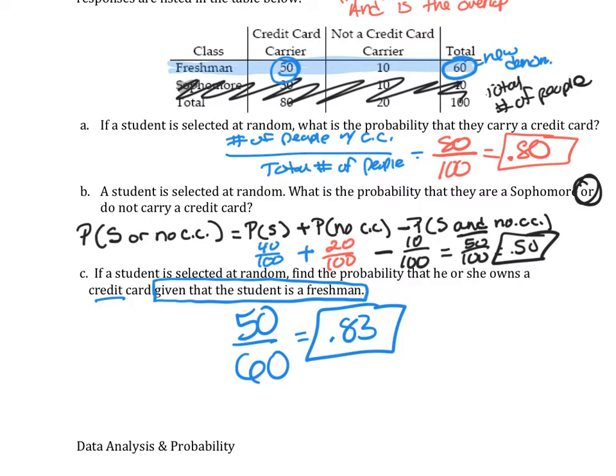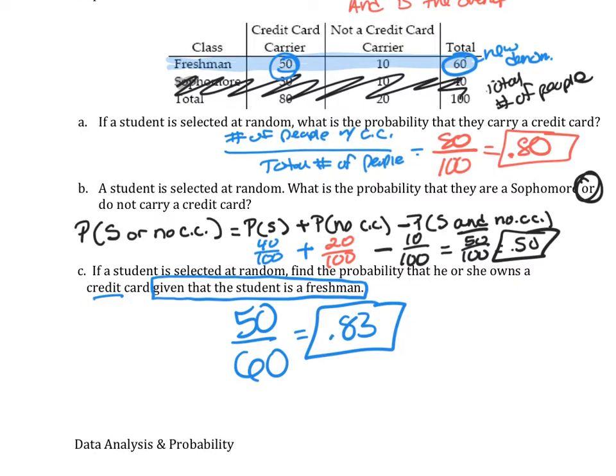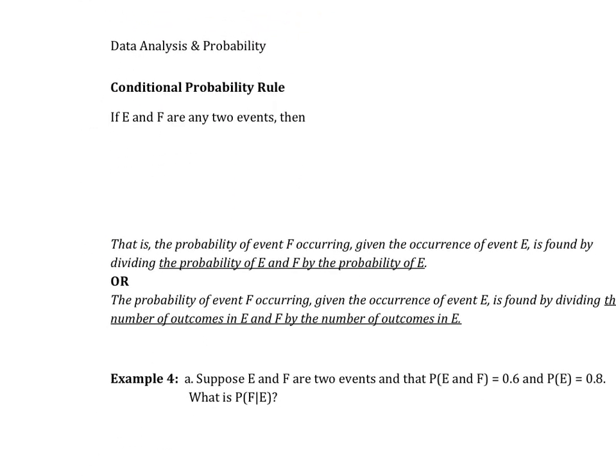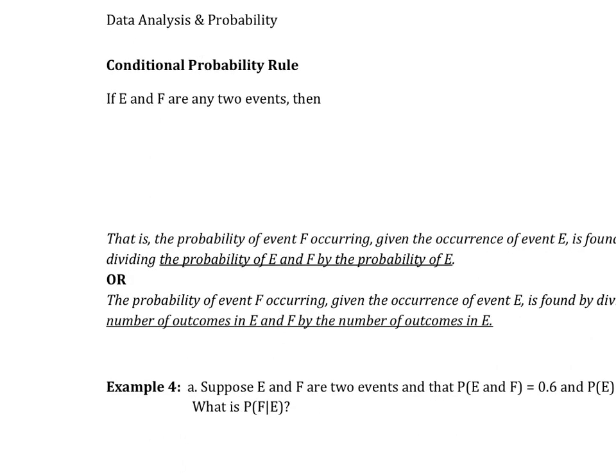All right. So the formula to calculate this conditional probability, or the conditional probability rule, says the probability of F given E. So that little line here means given, and whatever comes after it is the given event.